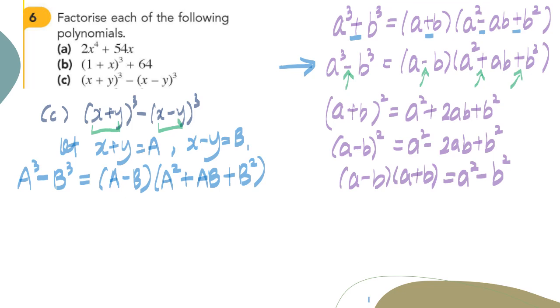But remember the substitution, a and b are just the substituted values for x plus y and x minus y. Right. So the next step is that we can write down the original expression you're given.